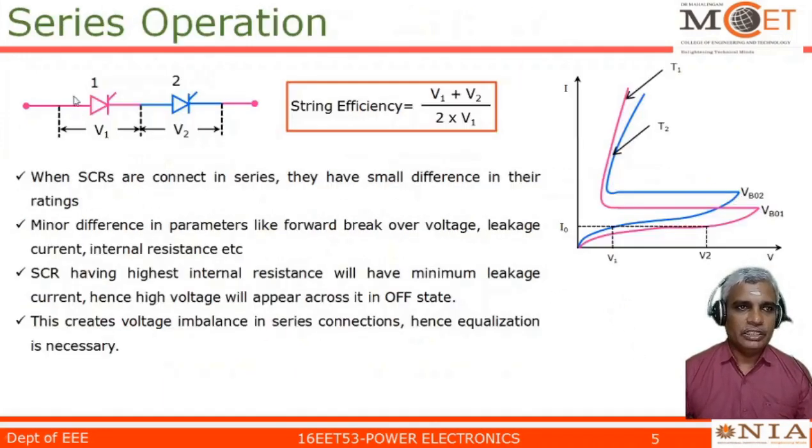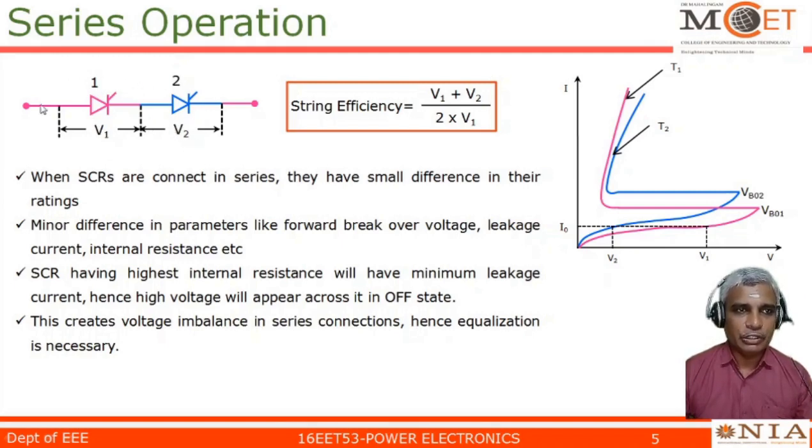Now let us go into the series operations of SCR. Let us assume that we have two SCRs which are connected in series as shown here. SCR1 is having a voltage withstanding capability of V1 and SCR2 is having a voltage withstanding capability of V2.